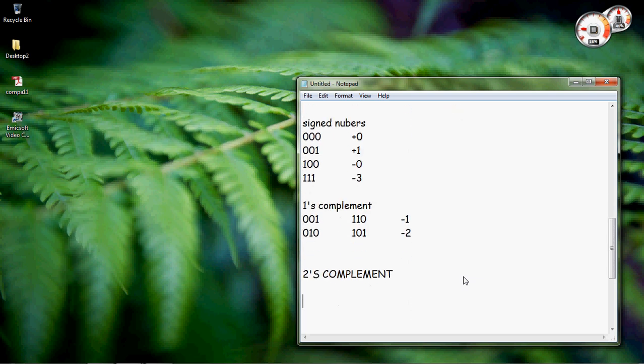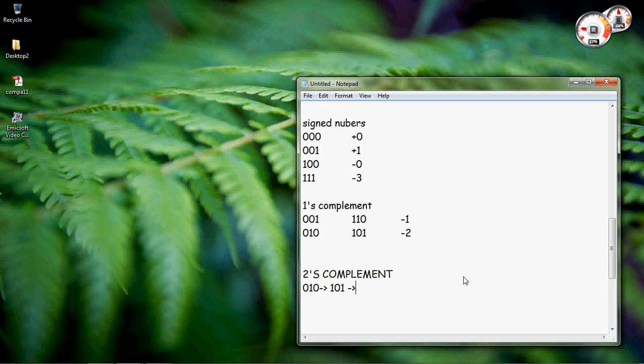In this system, if you want to calculate the 2's complement of a number like 010, you first calculate the one's complement of this number, which will be 101. Now if you want to calculate the 2's complement, just add one to this.